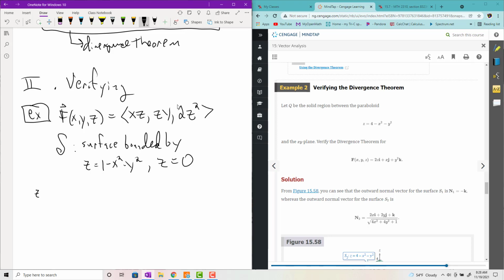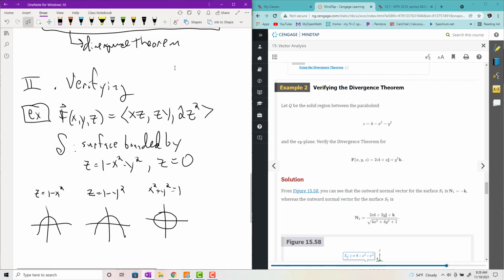Let z equal 1 minus x squared: that is an upside-down parabola, shifted up 1. Z equals 1 minus y squared is the same thing. And then x squared plus y squared is equal to 1 when z is equal to 0, so you get a circle there in the xy plane.